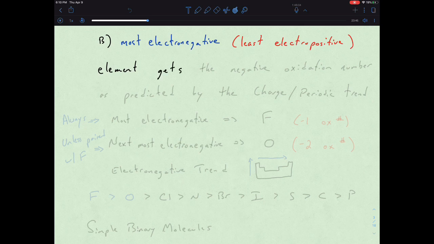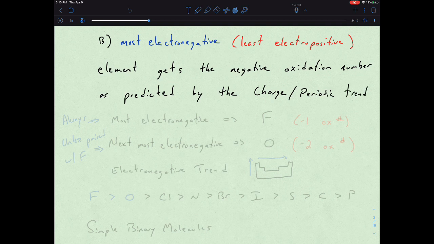And that element gets the negative oxidation number as predicted by the periodic charge trend.